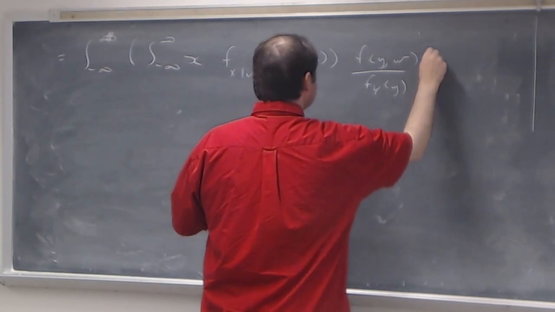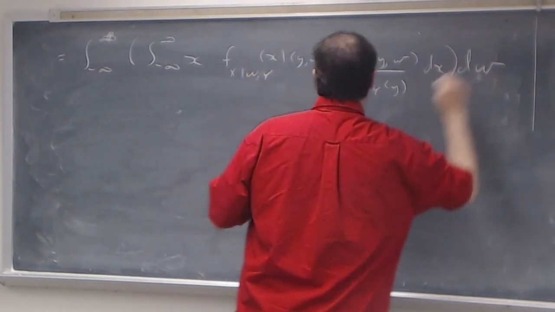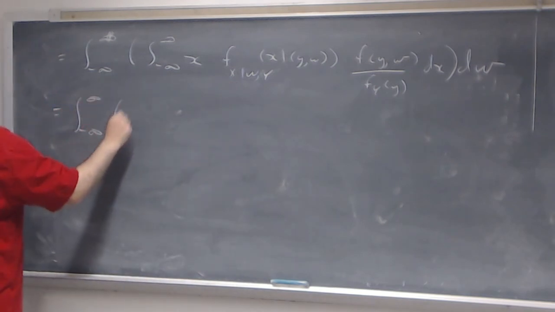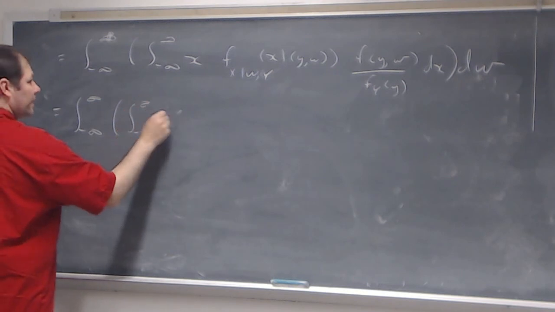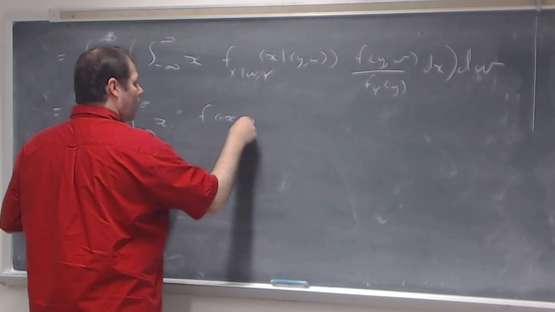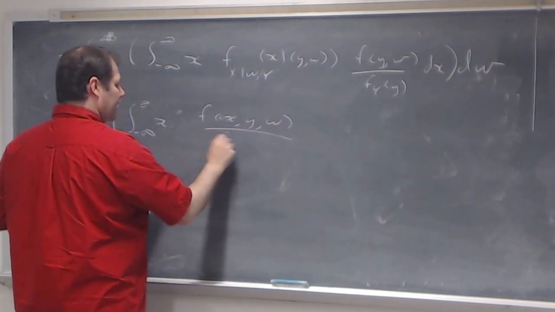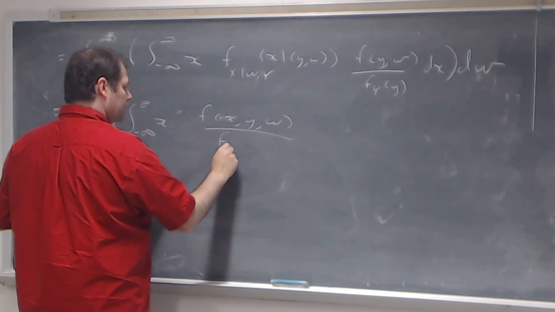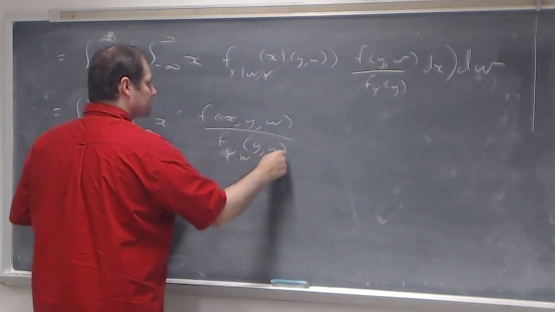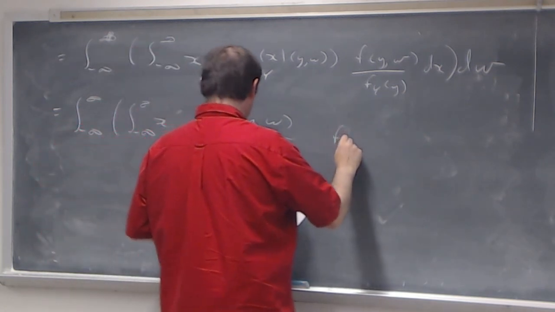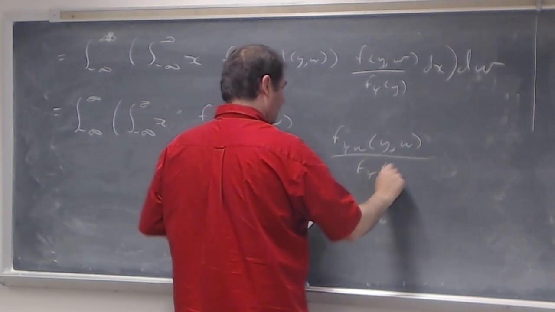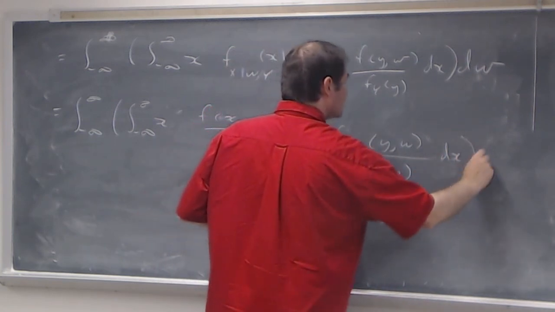And then I need dx and then dw. So here we'll rewrite this one: inner integral from minus infinity to infinity of x times f of x, y, w over f of y, w, times f of y, w over f sub y of y, dx, dw.